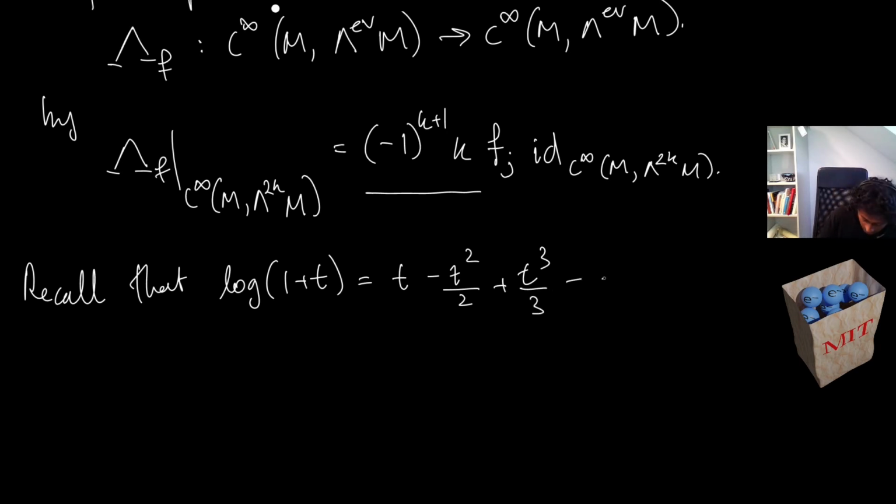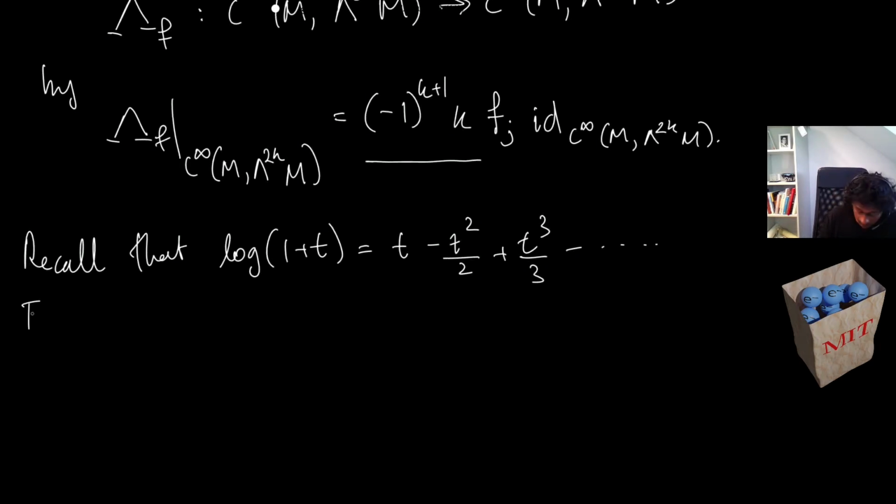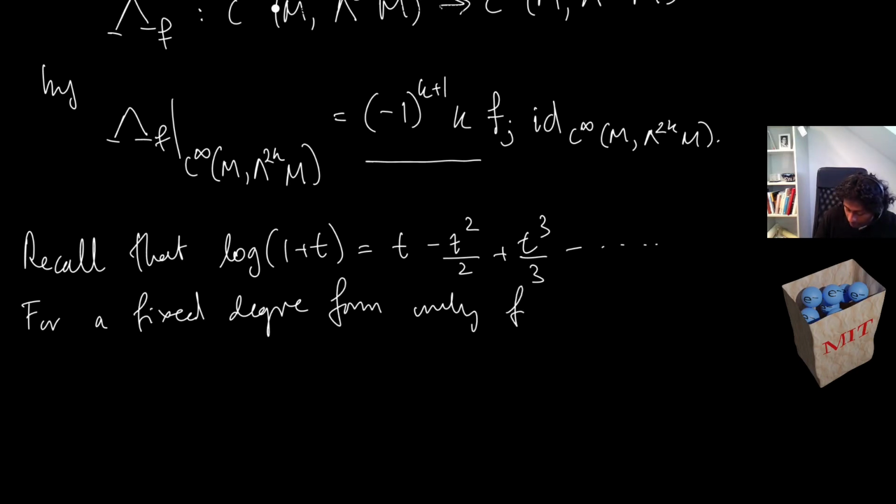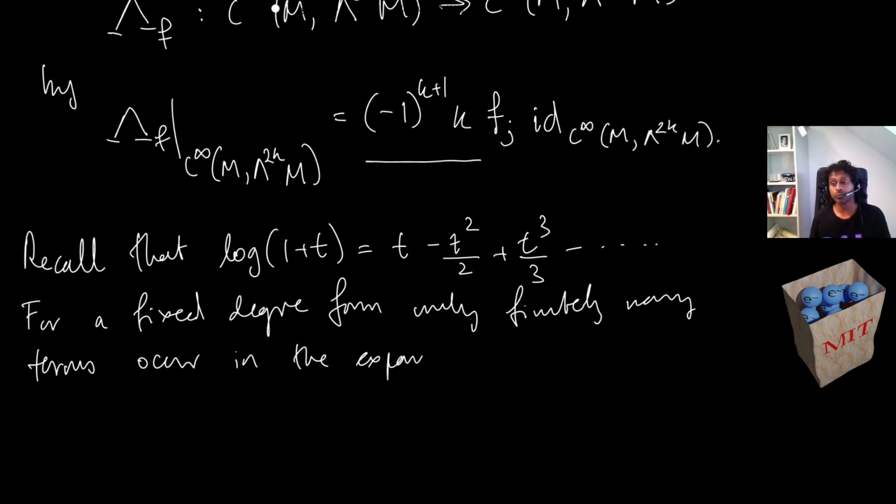Okay, so for a fixed degree form, only finitely many terms occur in the expansion, right? Because when we do this, we're going to eventually terminate.